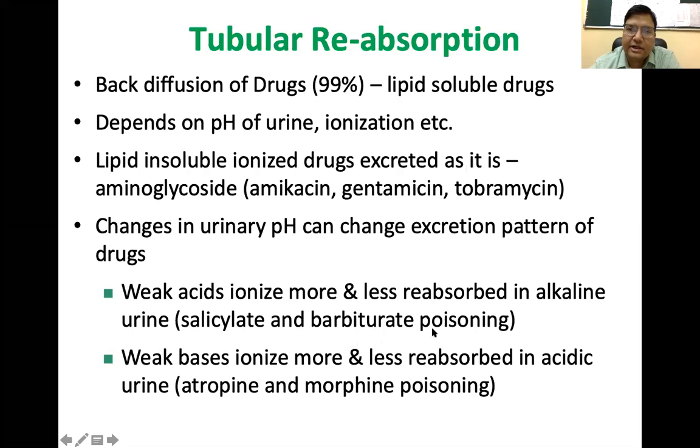The alkalinization of the urine will make these substances more ionized, and lesser will be the reabsorption and more will be the excretion of these drugs from the body. So in these poisonings, we do the alkalinization of urine, and vice versa. In case of weak bases, they are ionized more and less reabsorbed in acidic urine. So in case of morphine or atropine poisoning, we acidify the urine so that these drugs are more ionized and less reabsorbed.